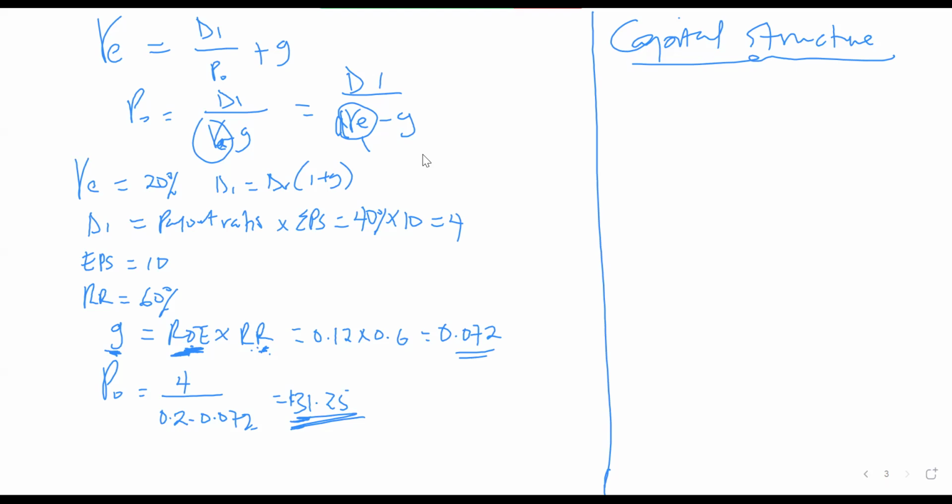So, capital structure, we say, is the mixture of debt and equity a firm uses to finance its activities. Beyond determining how we finance our business, we want to look at the impact of the capital structure on firm value.